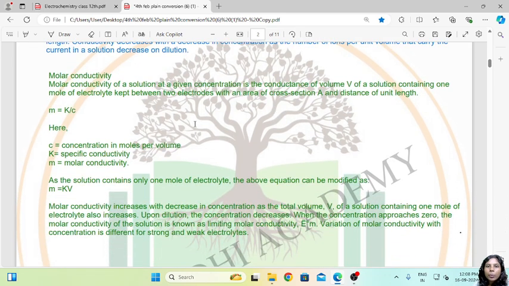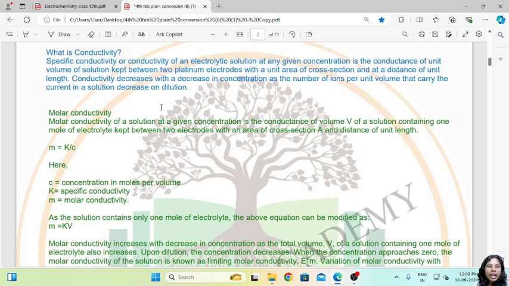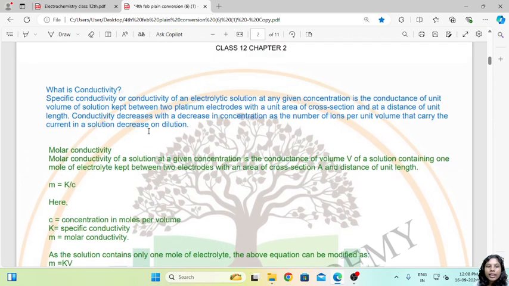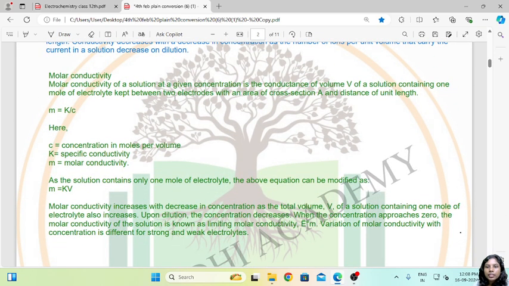Now, if we talk about molar conductivity: the molar conductivity of a solution at a given concentration is the conductance of a volume V of a solution containing 1 mole of electrolyte, kept between two electrodes with area of cross section A and a distance of unit length. Molar conductivity and conductivity are closely related terms, but they are inversely related to each other.